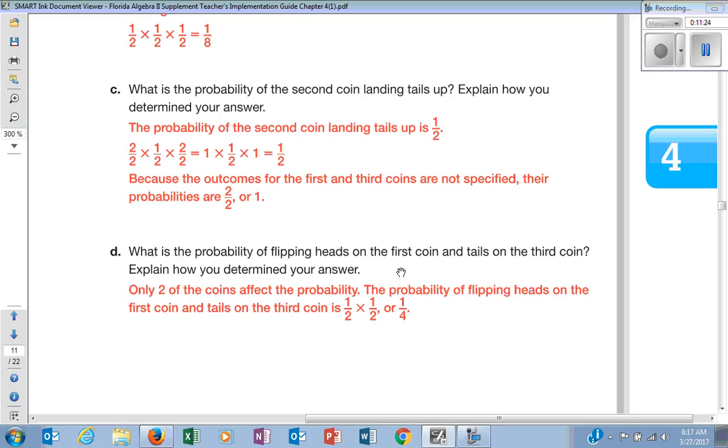It doesn't tell me it has to be heads or tails. So there's a little bit of inferring there. I'm reading it and they're asking what's the probability of heads on the first coin and tails on the third coin. They don't tell me about the second, so basically that means my second coin can be heads or tails. It doesn't matter, so it's not going to affect my probability.